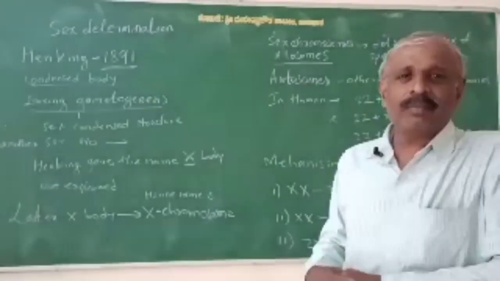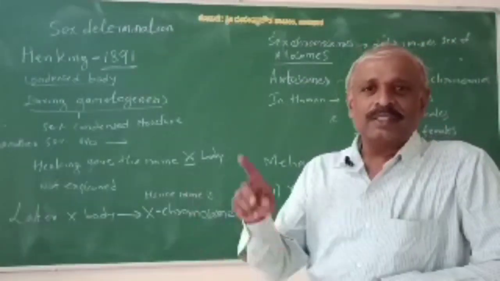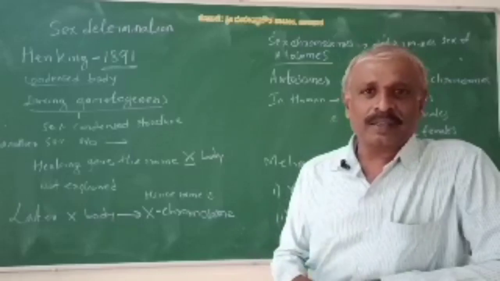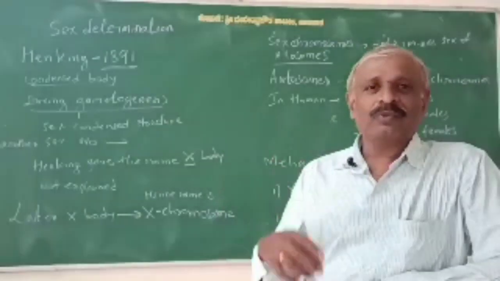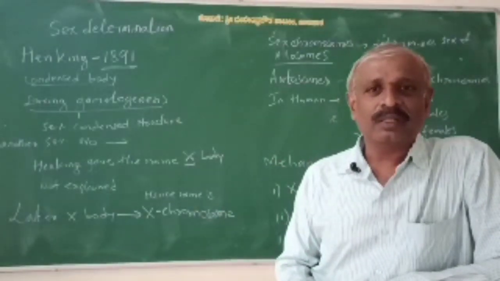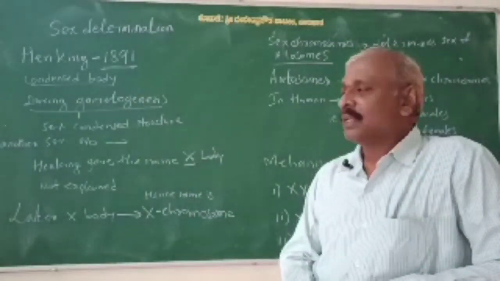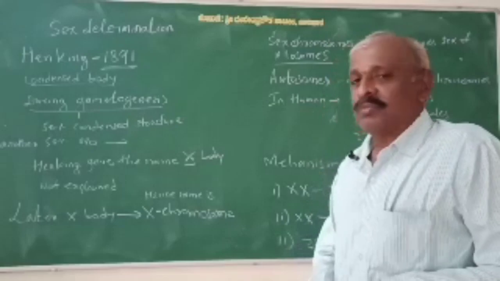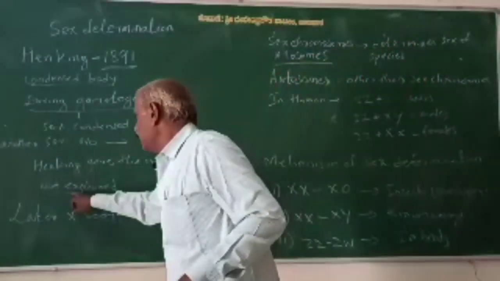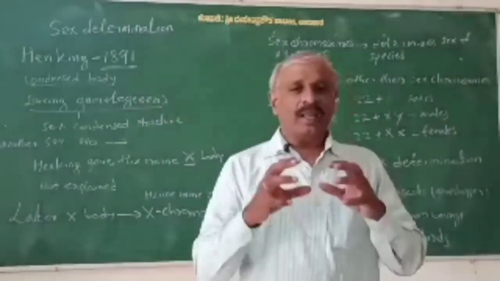Generally, as you know, in mathematics the person's age is considered as x. What we don't know, we generally call x. Like that, here also Henking gave the name x. Later, Henking did not explain anything about that condensed body.